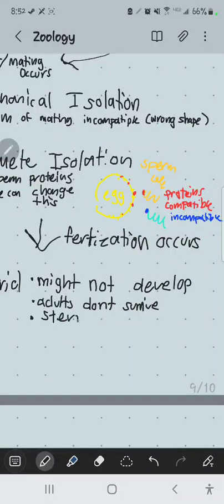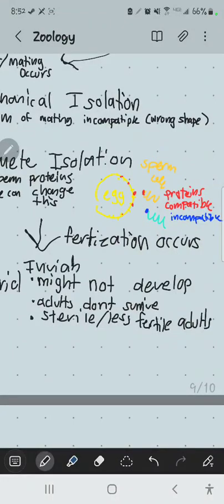So in this case, what we're looking at is hybrid inviability. I'll combine all these together into one basic idea: with post-zygotic, we have a hybrid of 2 different species, but they're inviable.